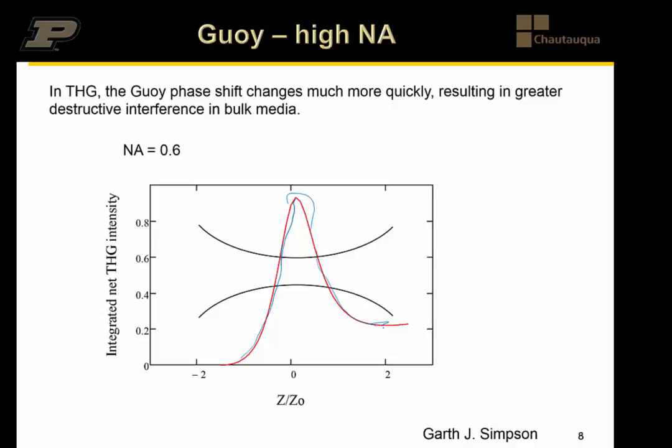Now in SHG that resulted in a roll-off. In THG that really results in net negative interference and a destructive third harmonic generation response from an isotropic system compared to something that cuts off at the halfway mark and generates a fairly bright signal if we don't have something on the opposite side that also interferes destructively.